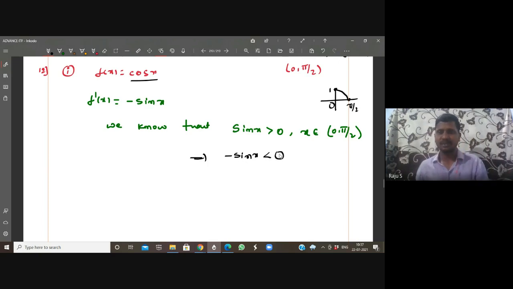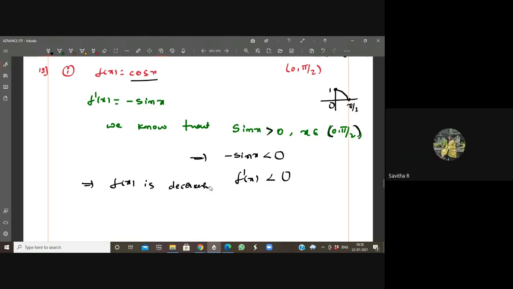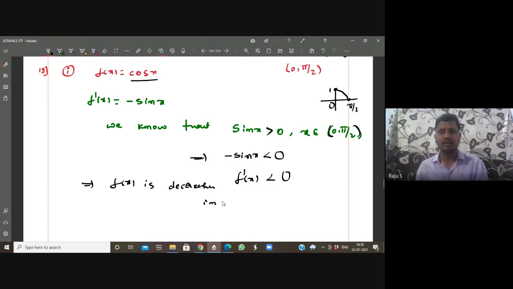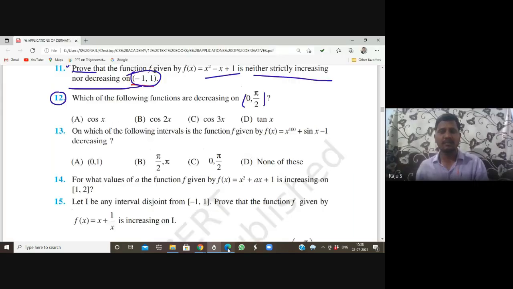I am taking an open interval, so strictly greater than. If it is a closed interval, greater than or equal to 0, because sin 0 is 0. Anyhow, sin x is greater than 0, minus sin x is lesser than 0, and minus sin x is f dash of x. So f dash of x is lesser than 0, which implies f of x is decreasing in 0 to pi by 2. So the first subdivision is decreasing.